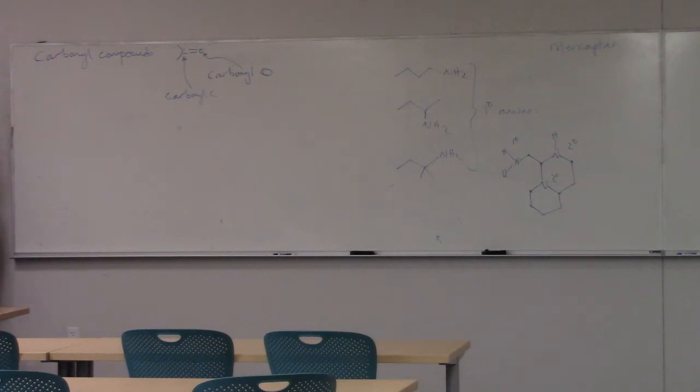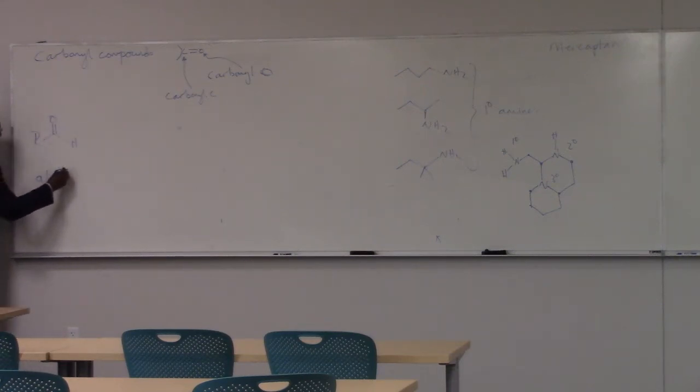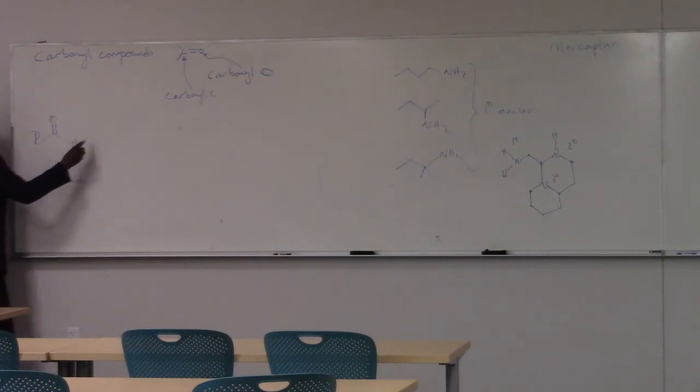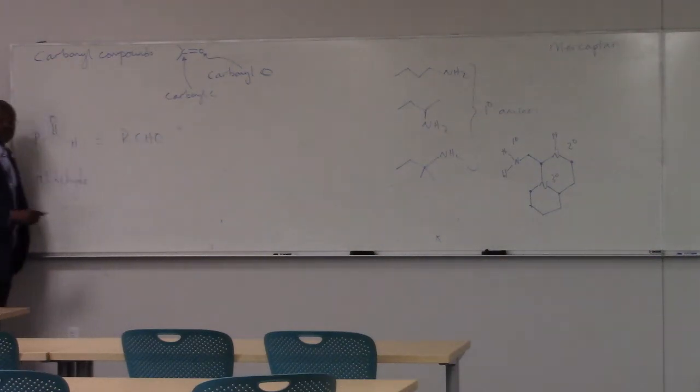So the compounds that contain carbonyl groups fall into several categories. The one category is an aldehyde. These are called aldehydes. In an aldehyde, I must have C double bond O attached to H. It's also written as RCHO.